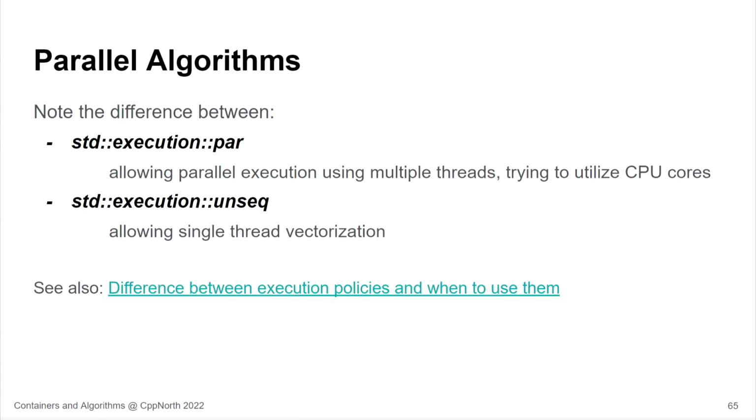There is a difference between execution par, which is for parallel, and execution unseq, which is for a single thread asking for vectorization. If you ask for parallelism with execution par, and of course you need the library to support that, then you are asking to use multiple threads utilizing a few CPU cores.